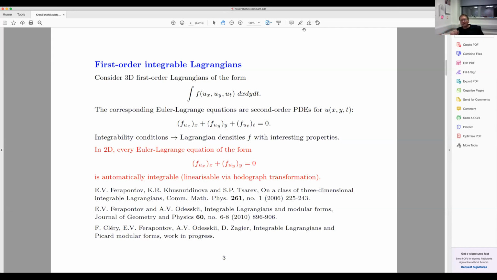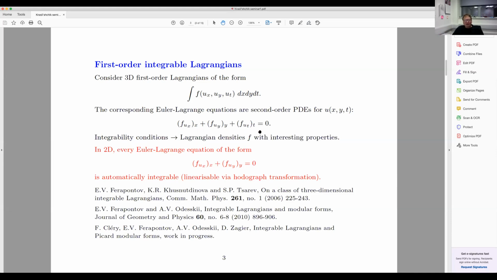Unfortunately, this particular example is not integrable. But the Euler-Lagrange equation corresponding to this Lagrangian is this second-order PDE. This is the Euler-Lagrange equation. It's just a scalar second-order PDE for the function u of x, y, t. Of course, it depends on f.